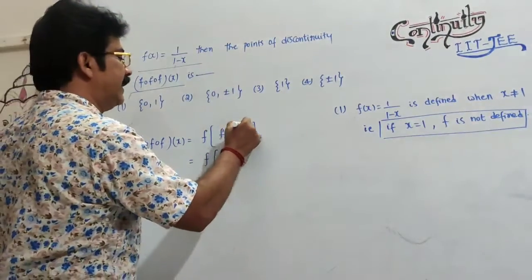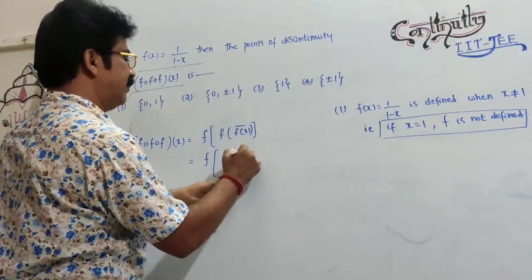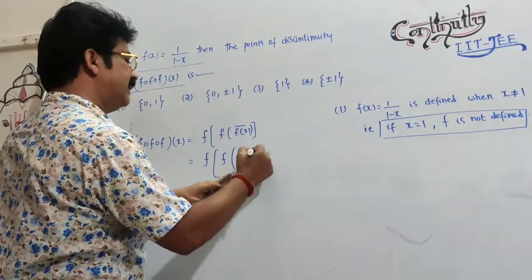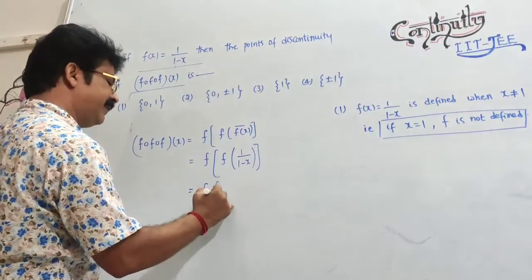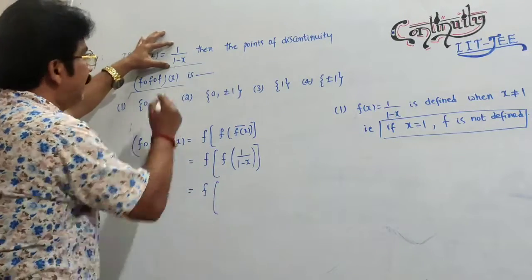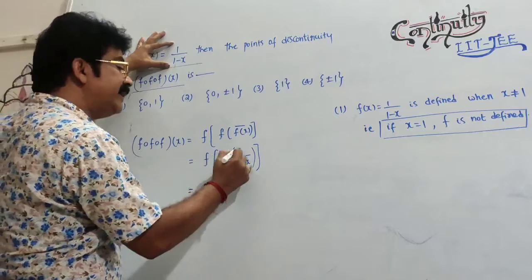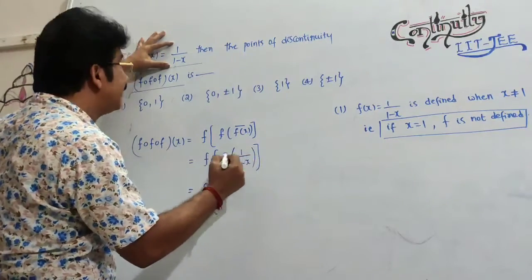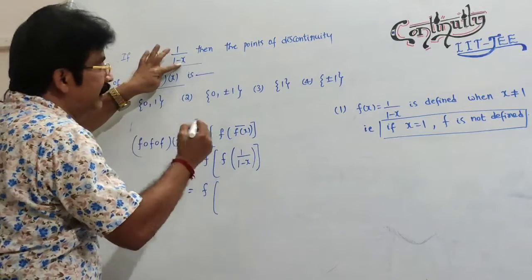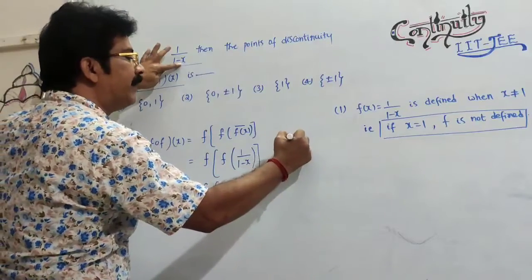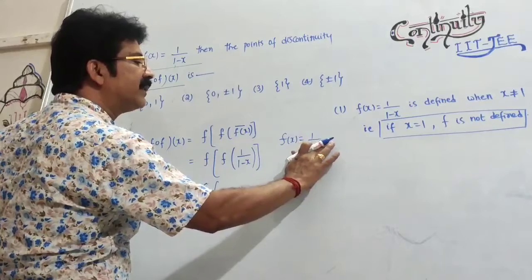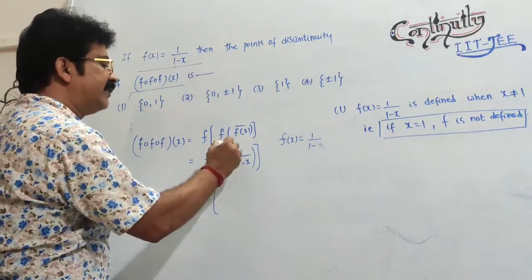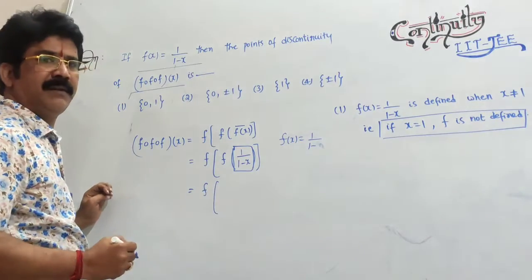Okay, follow it. f of x means 1 by 1 minus x, right? So what is f of f of x? Instead of x, write this total 1 by 1 minus x.